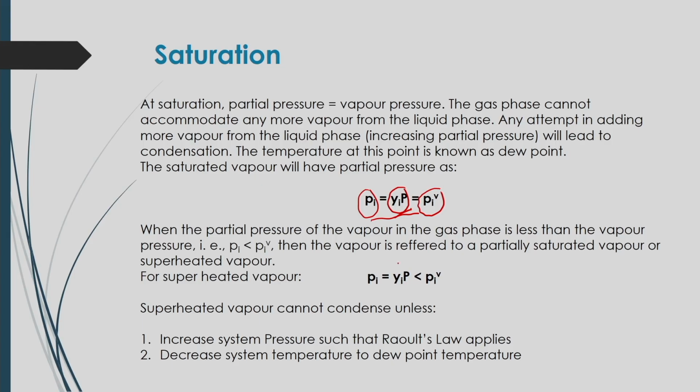Now, superheated vapor cannot condense unless you increase the system pressure such that Raoult's law applies, and also decrease the system temperature to the dew point temperature. So, these are the conditions for the superheated vapor, which may not condense at this condition.